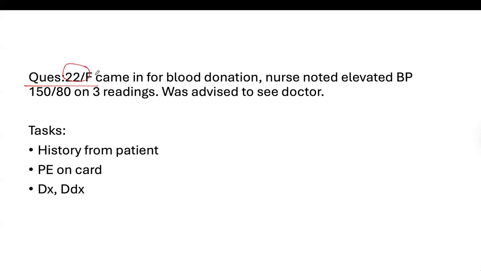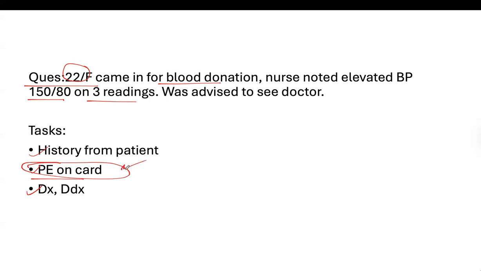So it's a 22-year-old female who came in for blood donation. The nurse found that the patient has elevated blood pressure on 3 readings, and she was advised to see you. History from the patient, physical exam will be given on the card, diagnosis and differential. You might not see this often face-to-face.